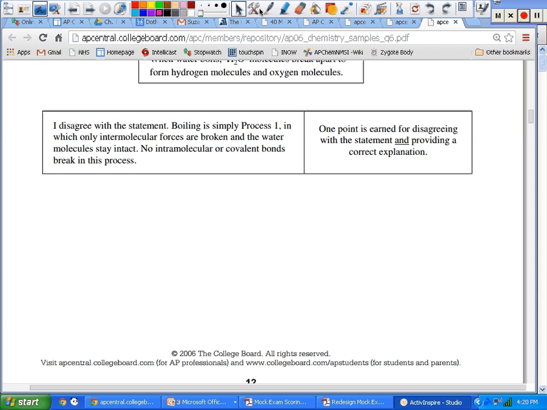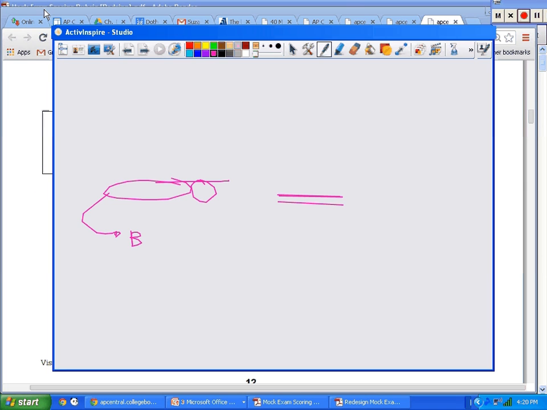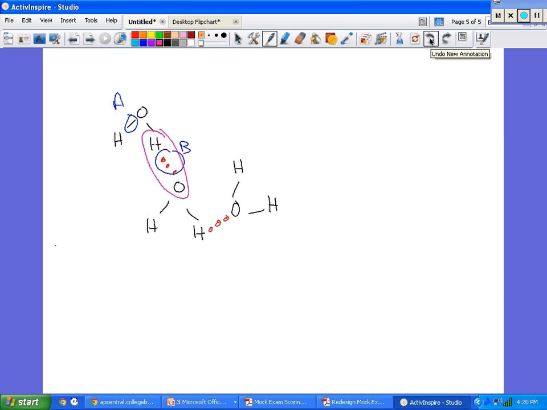Only your IMFs are broken, and water molecules stay intact. So essentially no bonds are broken. Does that make sense, though? So technically, if this were the diagram and they said water was boiling, what would you be breaking?